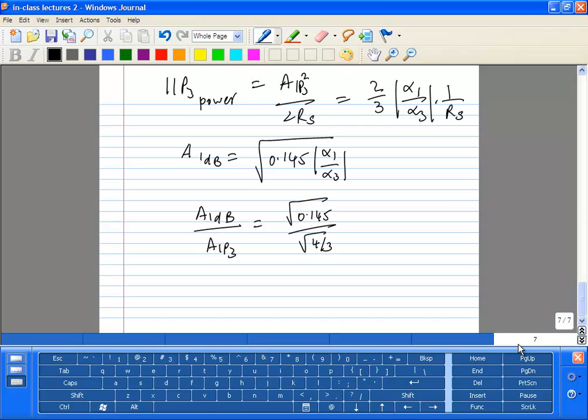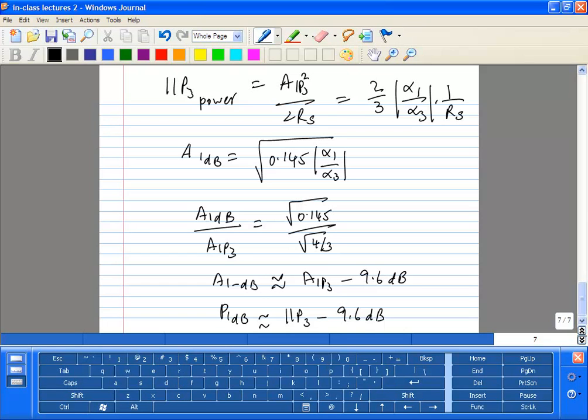So what you'll get is that they differ by approximately 9.6 dB. And of course, same thing for P1 dB, right? Okay, so this is one relation. So we managed to relate your P1 dB to your IIP3.